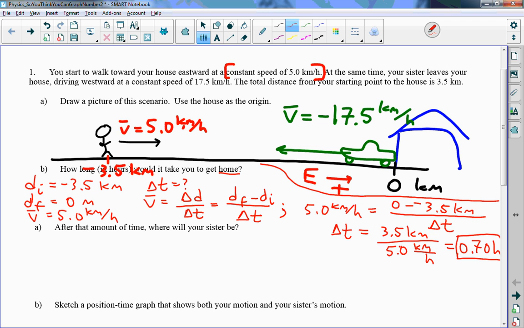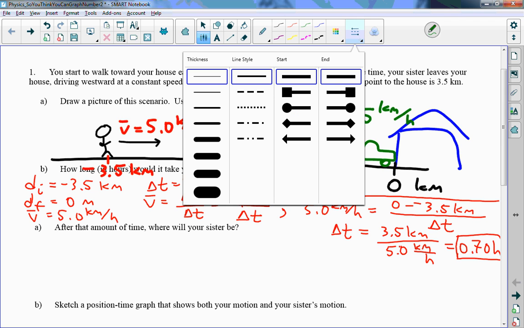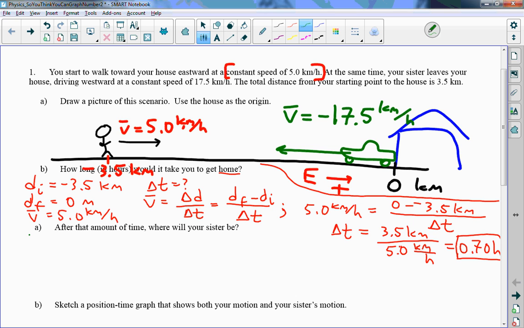Then, let's look at my sister. In that same amount of time, meaning in those 0.7 hours, where will my sister be? She is starting at 0 at the house. I am looking for where she will be, and I know her velocity, and I know the time, which I got from the previous step.